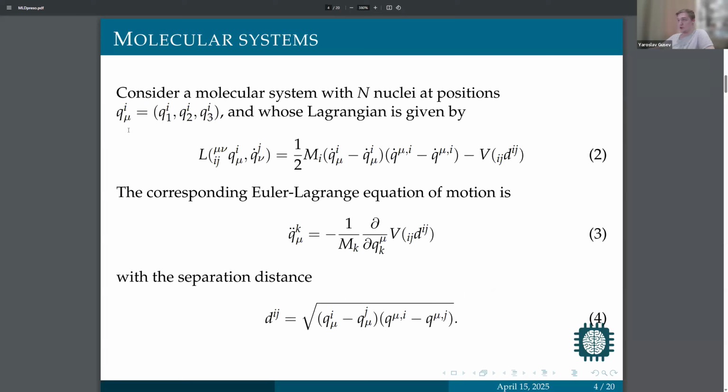So let's denote their positions as Q. And then we can define the Lagrangian function with two parts.